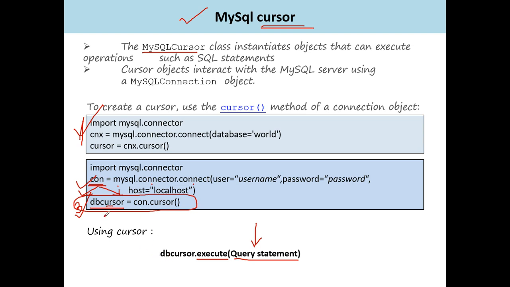You use this db cursor dot execute, and inside that function you pass your SQL query like select star from a table, or insert into table, or create table. Any statement you can pass here, so it will execute. So this will be your fourth step.